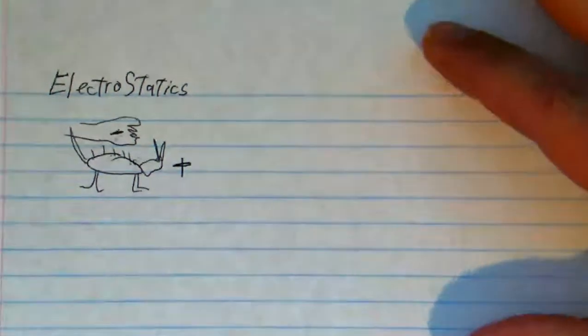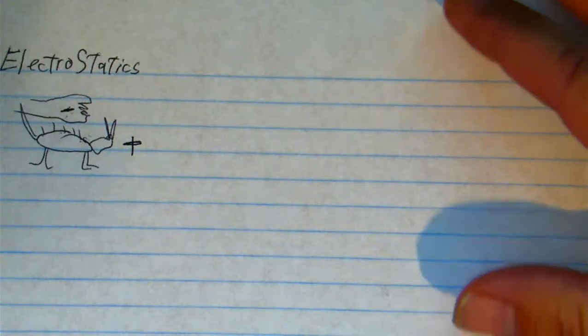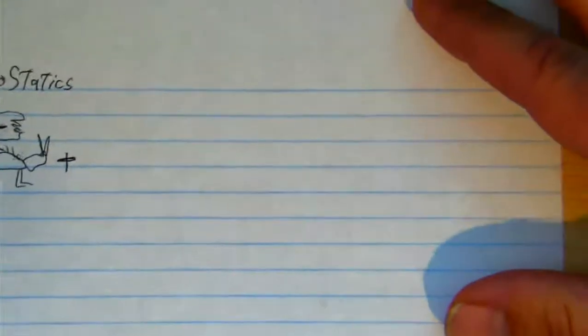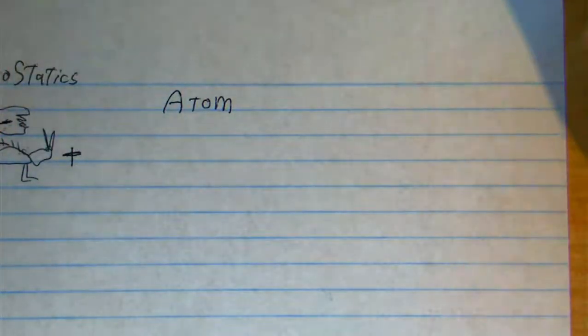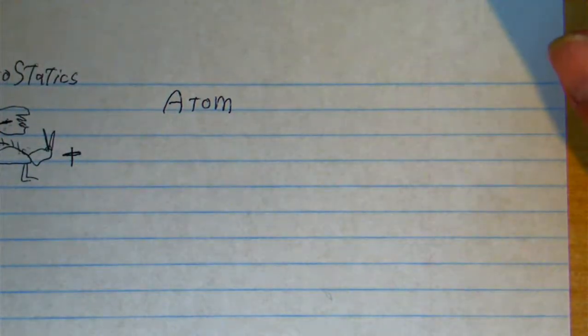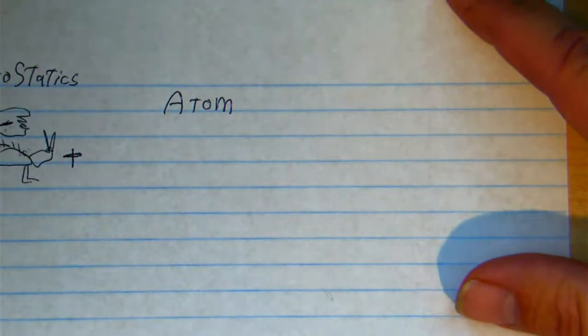But I think right now, let me just start off by reviewing what you learned when you studied the periodic table, and you learned all about atoms. Yes, atoms. No doubt you remember that there are 3 main subatomic particles that you guys had to learn about in chemistry class.